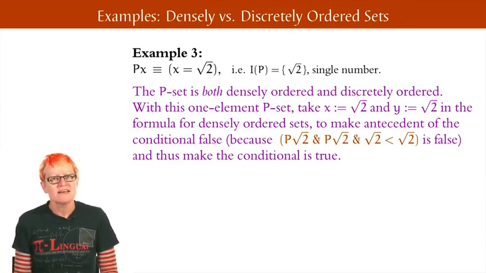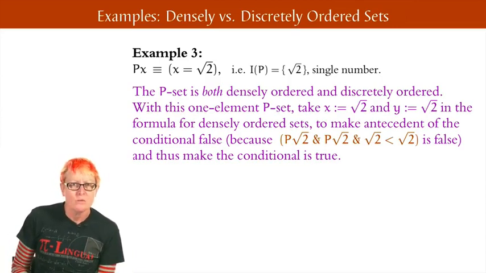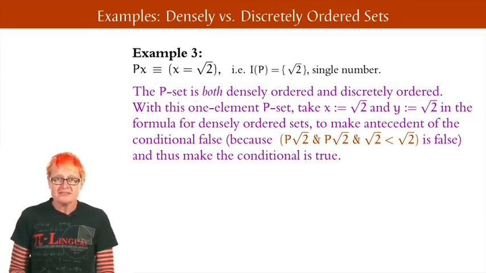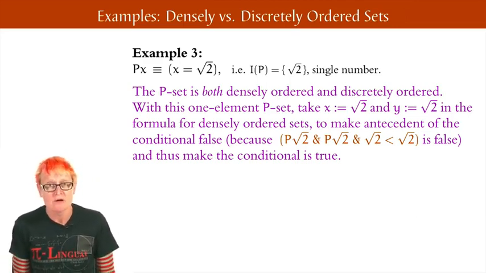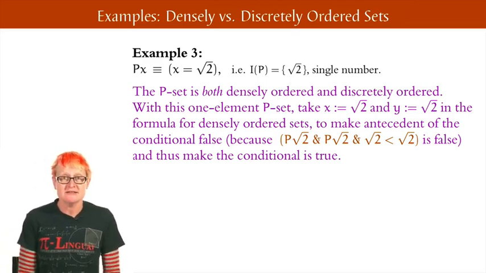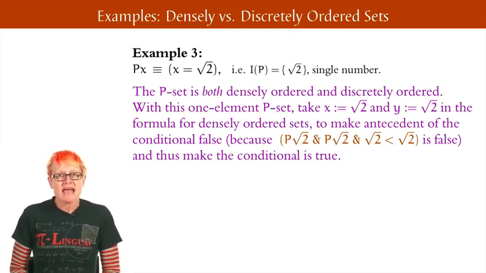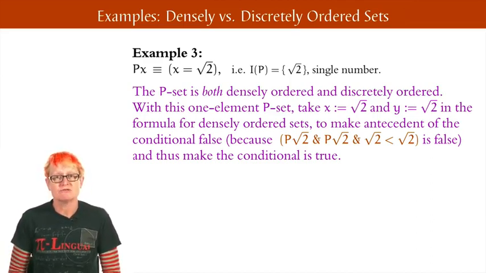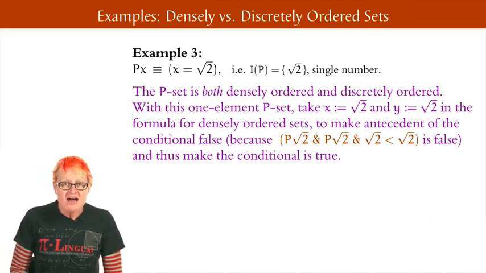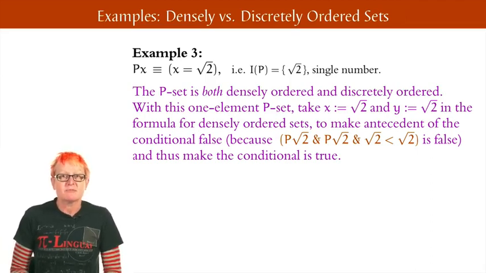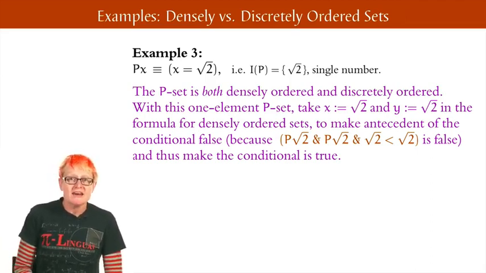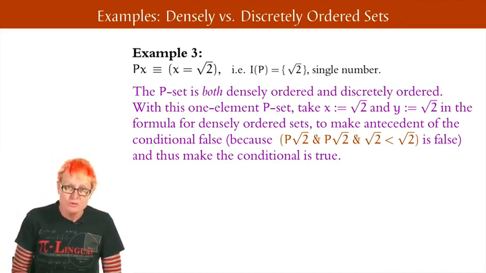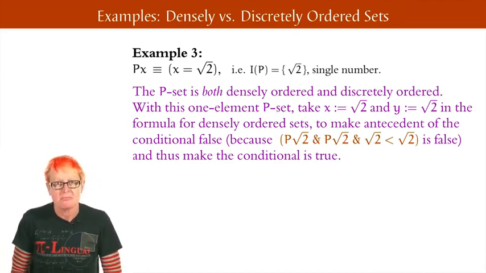In the formula for the densely ordered sets, we can take x to be the square root of 2 and y to be the same square root of 2, as this is the only number in the set, and that makes the antecedent of the conditional false, and so the whole conditional is true. There are no other instances that make the predicate P true, so we end up with the universally quantified densely ordered formula true for trivial reasons.